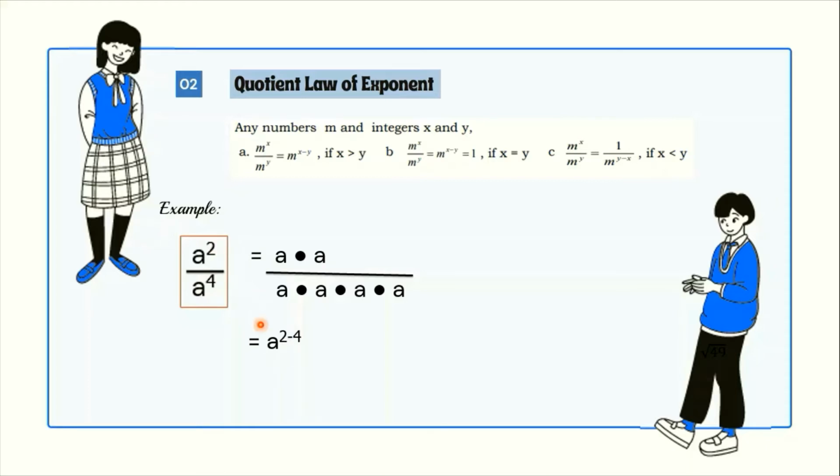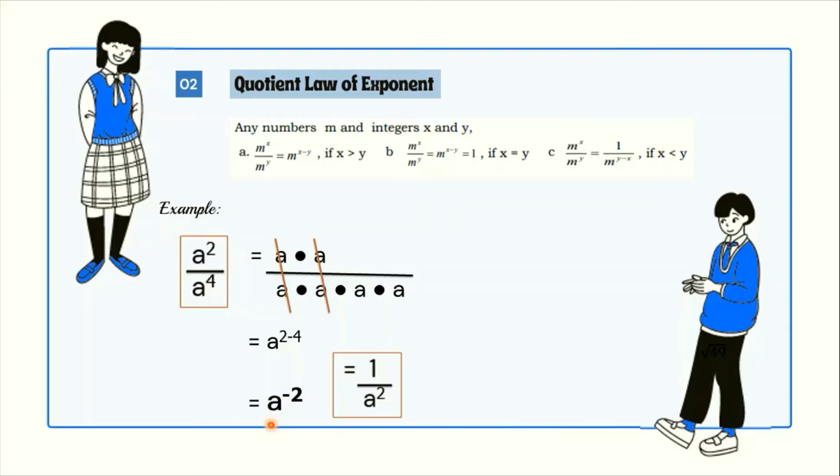We have to subtract them. Cancel natin yung magkapareho. May matitirang dalawa, pero ito ay nasa baba. Therefore, ito ay magiging negative 2. Dahil alam natin na sa integers, 2 minus 4 is equal to negative 2. Kung ang ating exponent ay negative, kailangan natin siyang gawing positive by writing it in a fraction form.